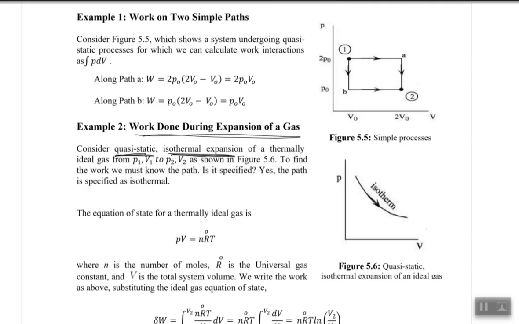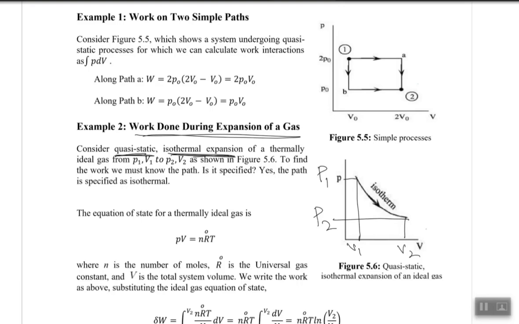The formula we have used was actually for the quasi-static process, but the process is now isothermal as well, of the thermally ideal gas from P1 V1 to P2 V2, which means that is expansion of the gas. Expansion would mean volume changes from V1, which is less volume, to V2, and the pressure, which is P1, the high pressure, goes towards P2, which is the lower pressure. So this is what it means.